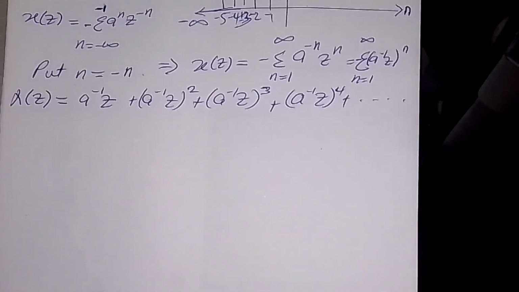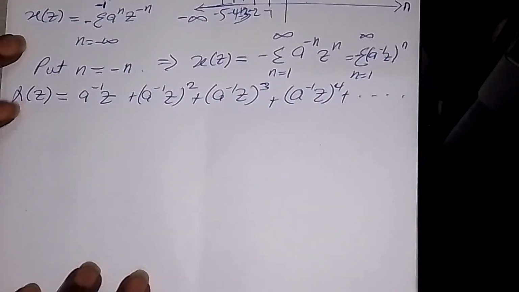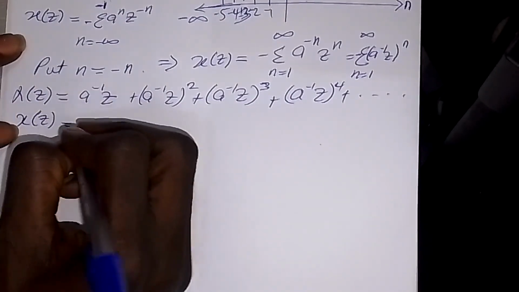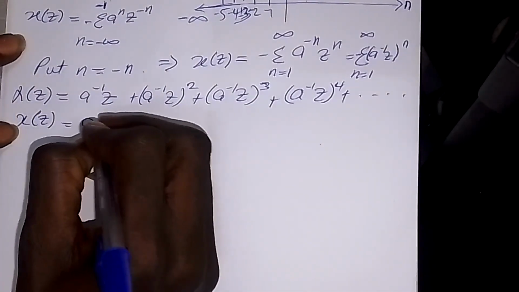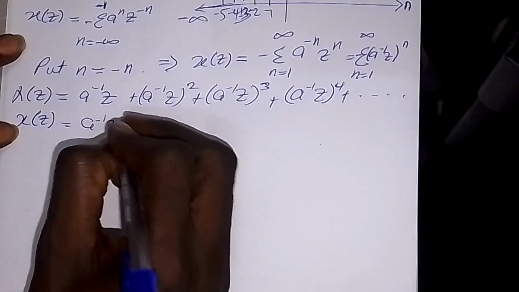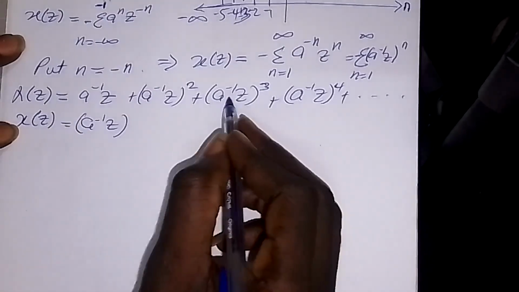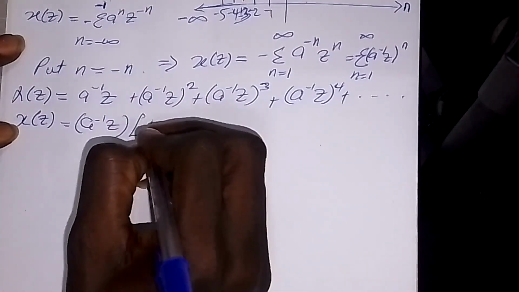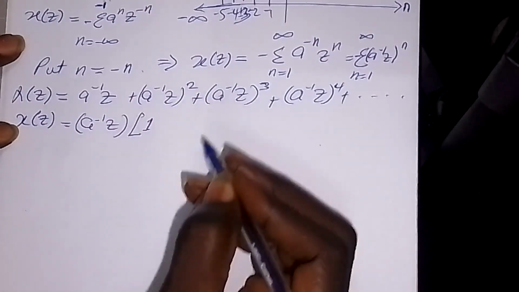All right. So now if I have this one, let me just simplify it a bit. If I'm simplifying this one, a exponent minus 1 z can come out because it's common in all of them. If it comes out, I'll have here 1.